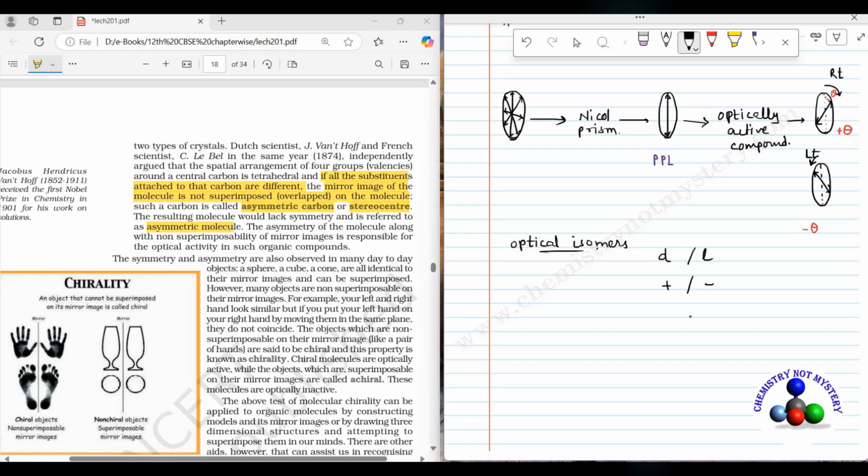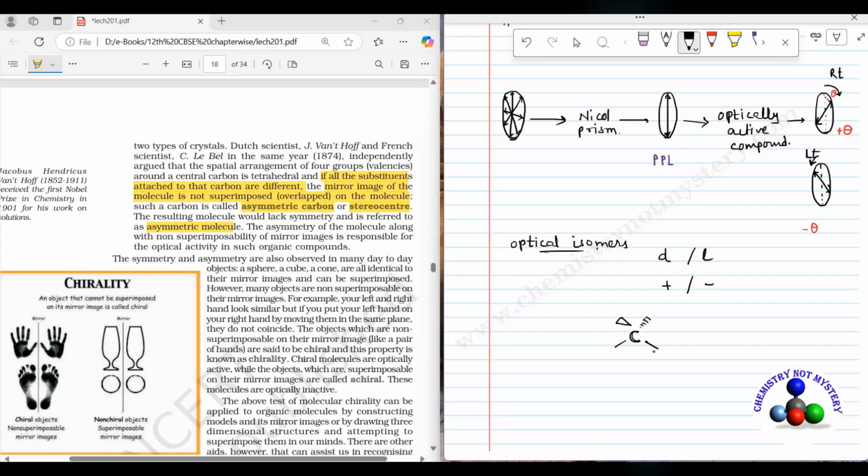We know carbon has 4 valency, so they are tetravalent, and tetravalent carbon has tetrahedral geometry. Now let's draw tetrahedral structure in 2D. So this is the carbon and there are 2 in-plane bonds. These are the 2 in-plane bonds. This bond is the front bond and this is the rear bond.